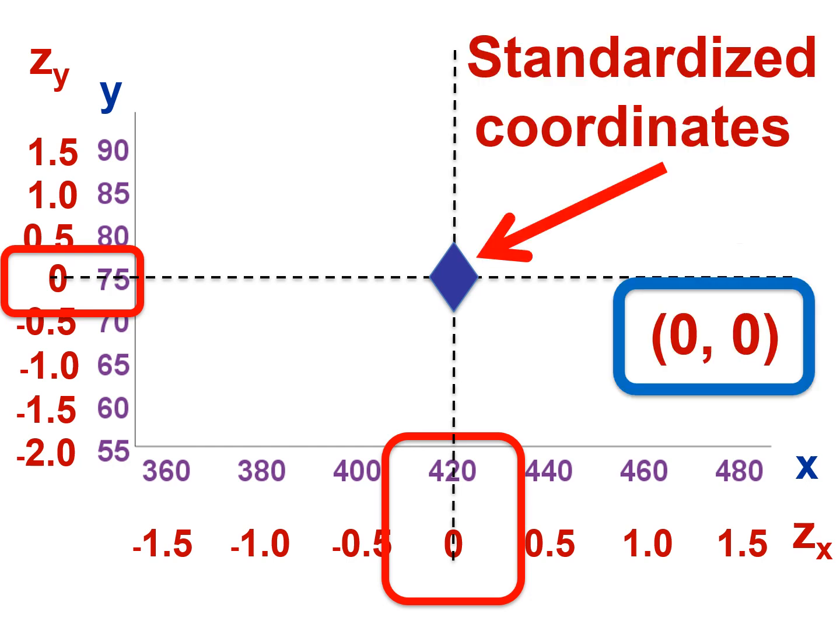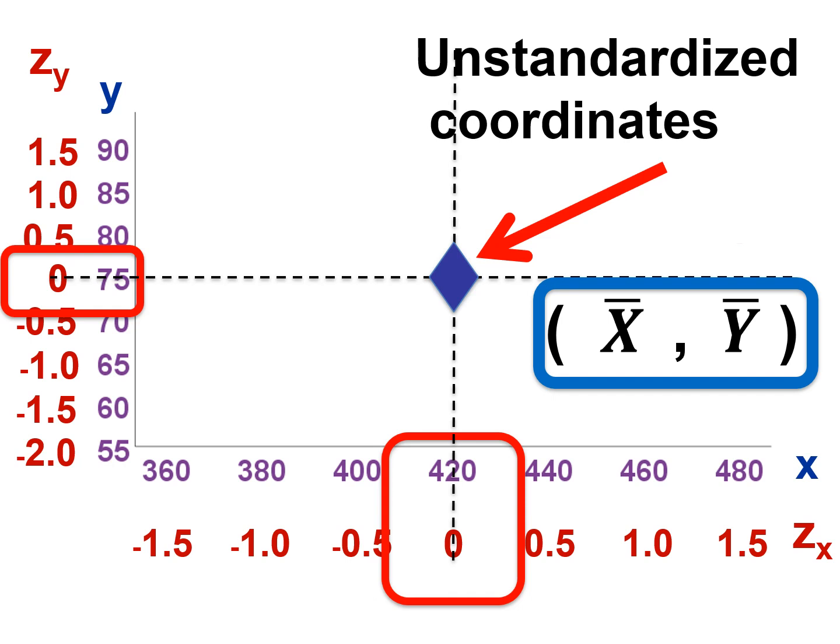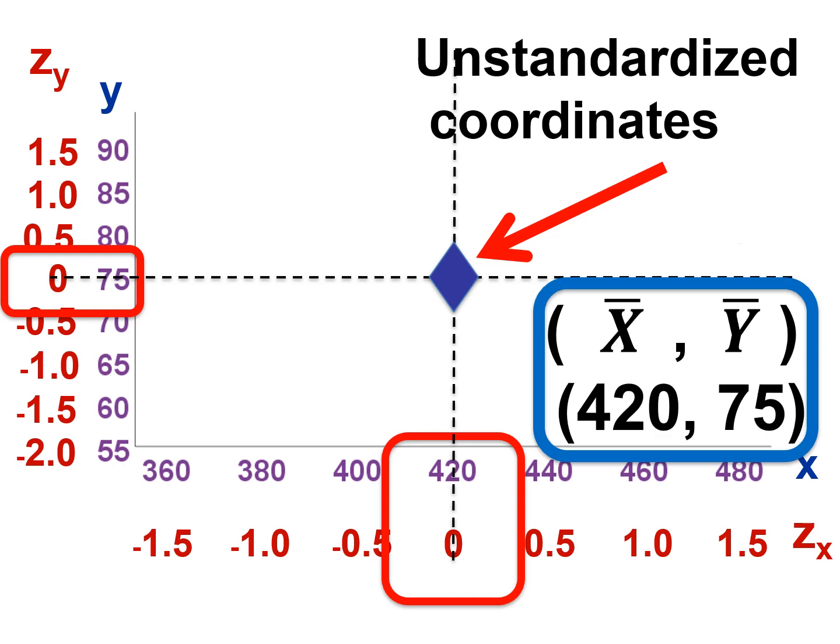The standardized coordinates of the point of averages are always 0, 0. Its unstandardized coordinates are always equal to the mean of X and the mean of Y. In this particular scatter plot, the mean of X is 420 and the mean of Y is 75. So the unstandardized coordinates of the point of averages are 420 and 75.